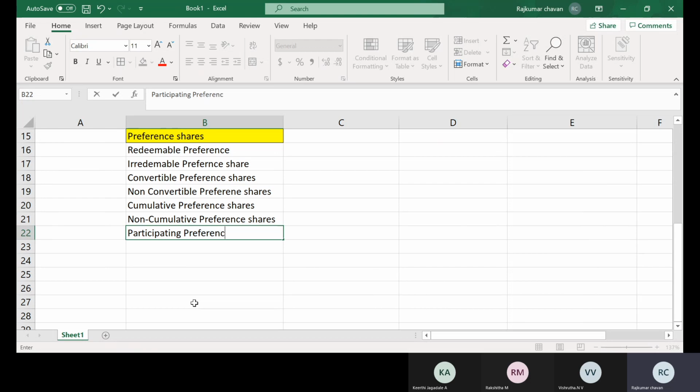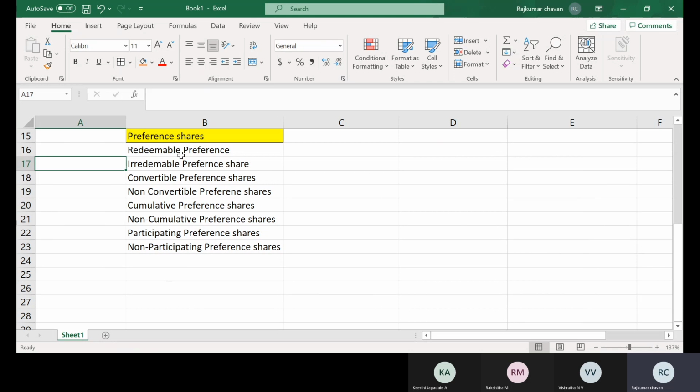Participating, non-participating preference shares. How many are there in total? There are a total of 8 types of preference shares in the company, right?